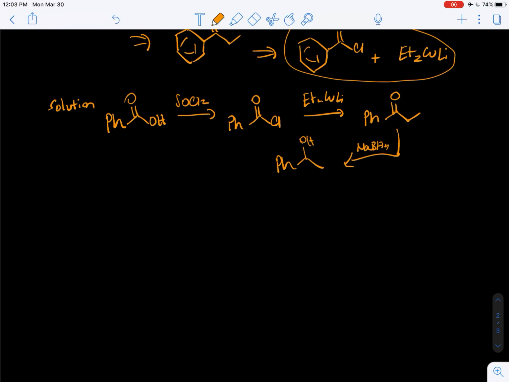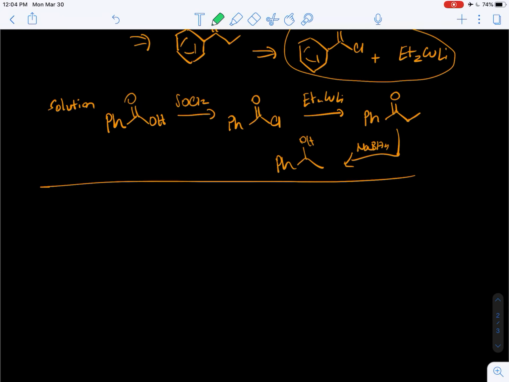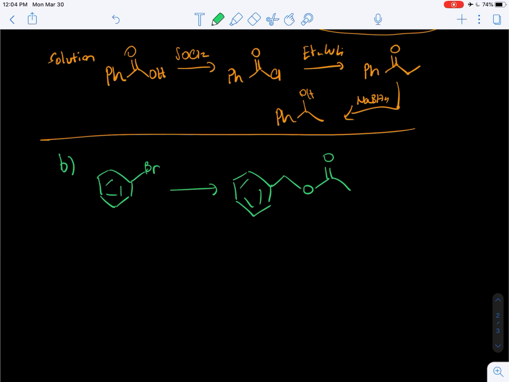Okay, let's look at problem B. I'll switch colors here so you can recognize I'm working on a different color, different problem, I mean. So we've got bromobenzene, and I want to convert this to this ester. Okay, so let me just verbally express, out loud what I'm thinking.